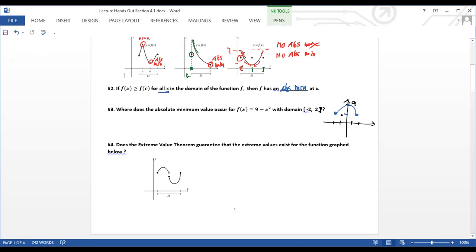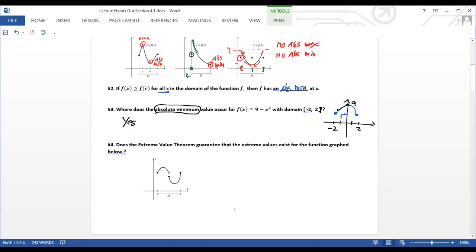Right, so here this is 5, right? Because my boundaries here, my domain, is 2 and negative 2. So when you put the 2 back there, you get a 5 here. So let's say, where does the absolute minimum value exist? Does it exist? Yes, right? Because this is a closed interval.